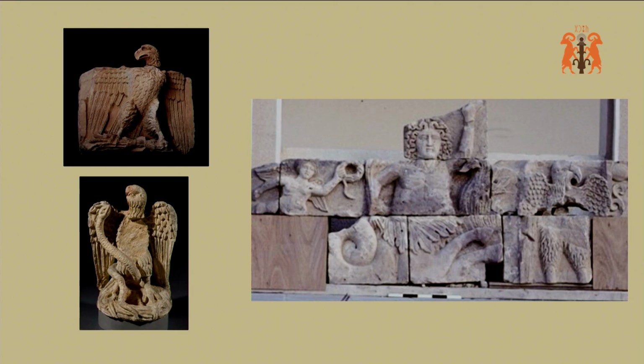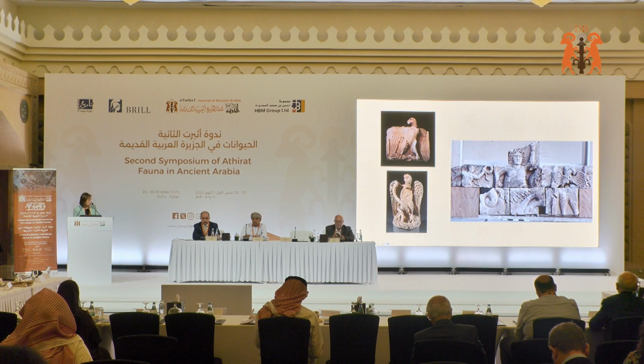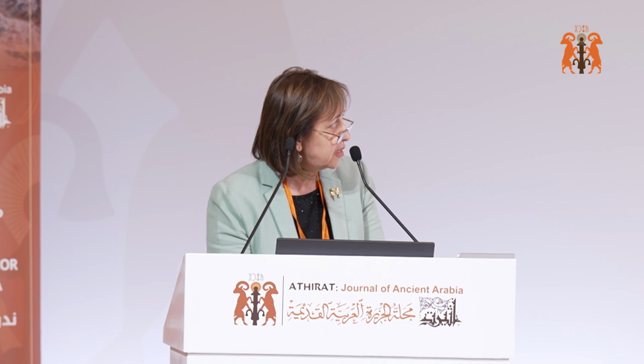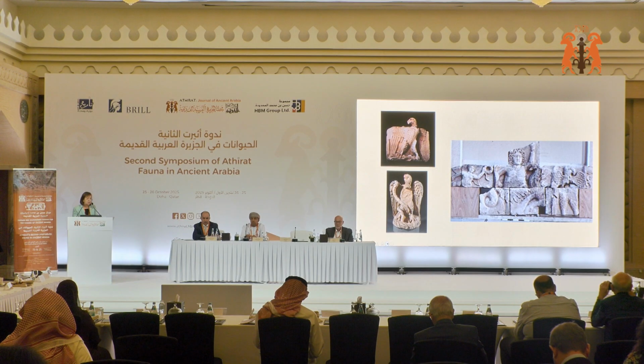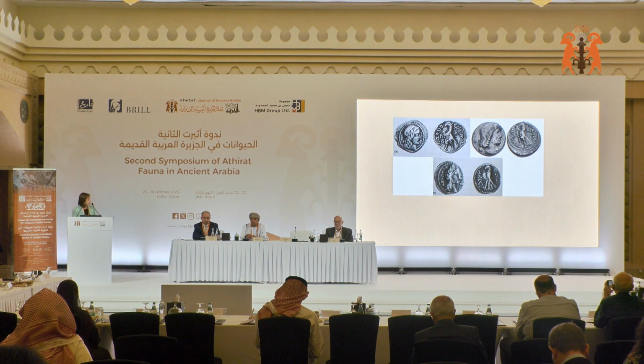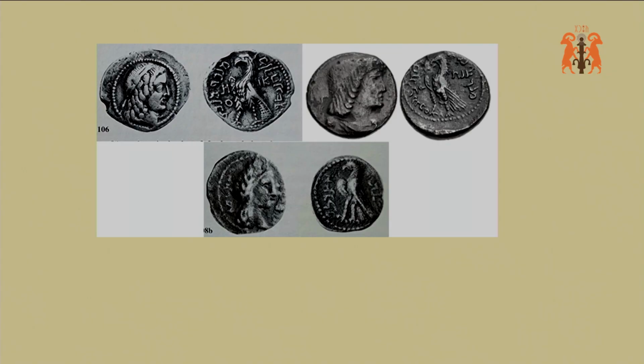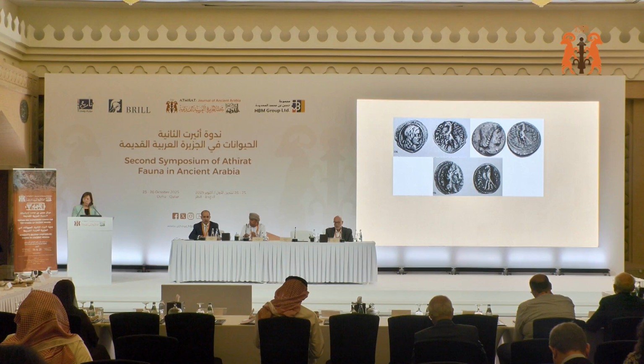Also, eagles on the pediment of the temple of Khirbet al-Darih, we see it here, and we see eagles from other sites, and the one on top is an eagle from Petra, as part of the building stones in Petra. On the Nabataean coins, we see also the eagles. It's very similar to the Ptolemaic and Seleucid coins. It is shown standing on the thunderbolt symbol.